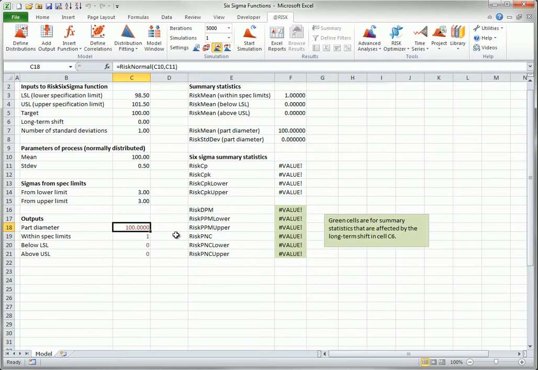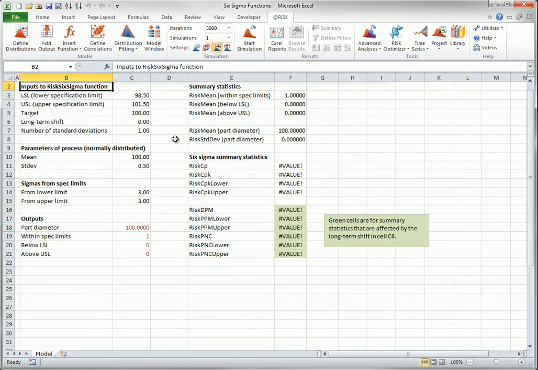The parameters in cells C3 to C7, especially the first three, indicate how the company would like to produce parts. They would like the parts to have an average diameter of 100, and they consider any part beyond the LSL and USL specification limits to be defective.